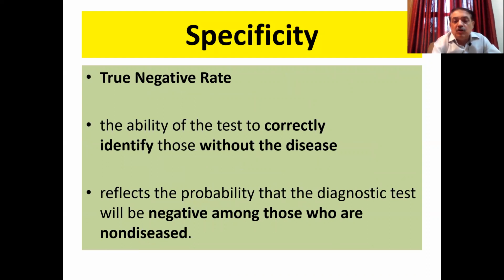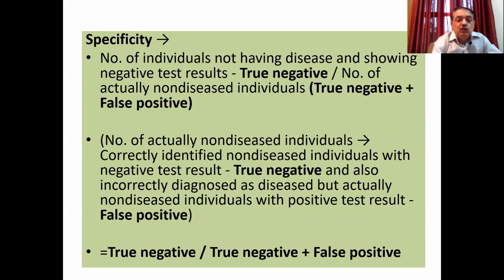In the same way, specificity is about the true negative rate. It is the ability of the test to correctly identify those without the disease, and it reflects the probability that the diagnostic test will be negative among those who are non-diseased. So specificity is about the number of individuals not having disease and showing a negative test result, that means true negative, out of all the non-diseased individuals.